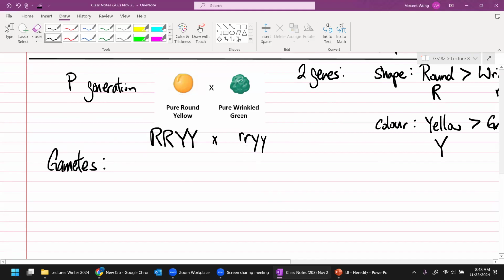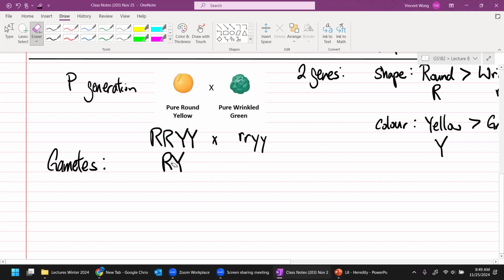What kind of gametes can pure round yellow produce? Remember the little math thing that we talked about? Big R, big Y. Anything else? Can this plant produce other gametes?